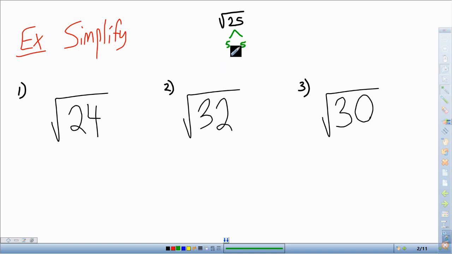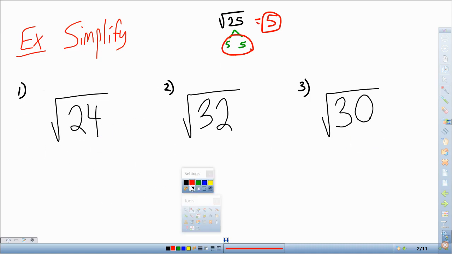These fives are prime, meaning they cannot be broken down anymore. When we break down radicals into their prime numbers, pairs of numbers come out of the radical. So this pair of fives means a 5 comes out of the radical, and we'd have our answer. That is the idea, and that's what we're going to do here.